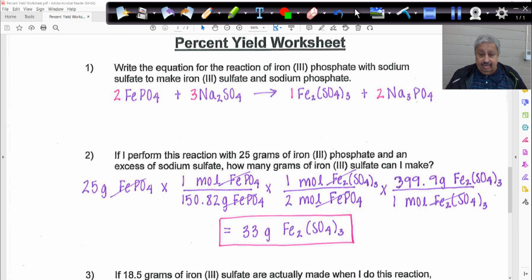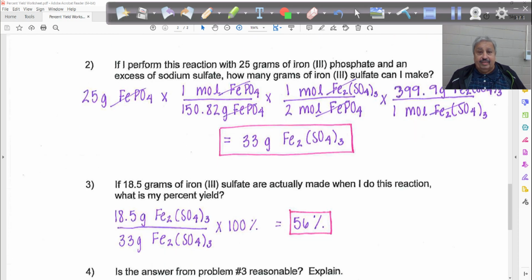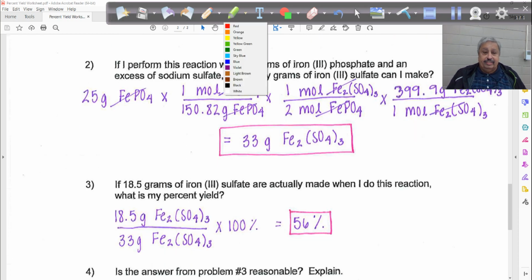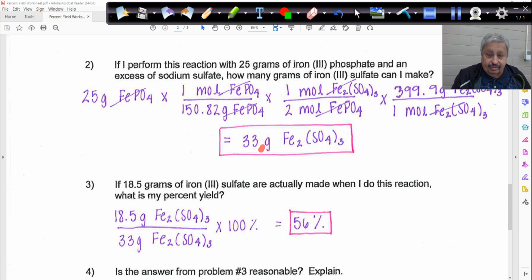Now, all this value here is before the experiment.